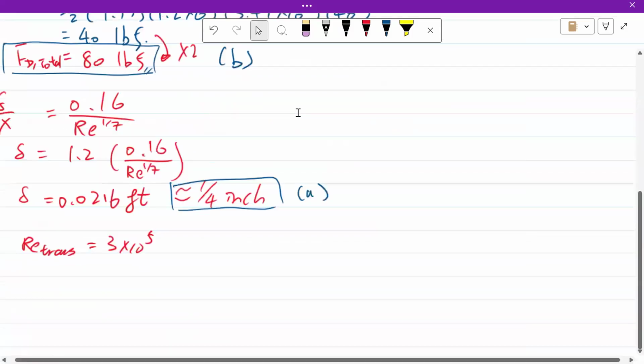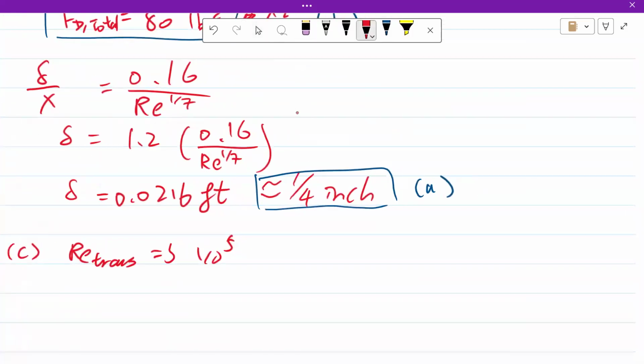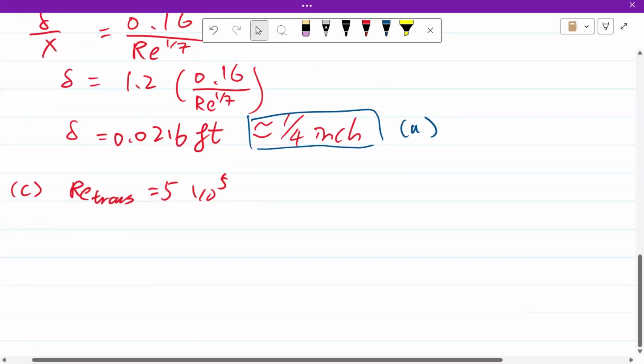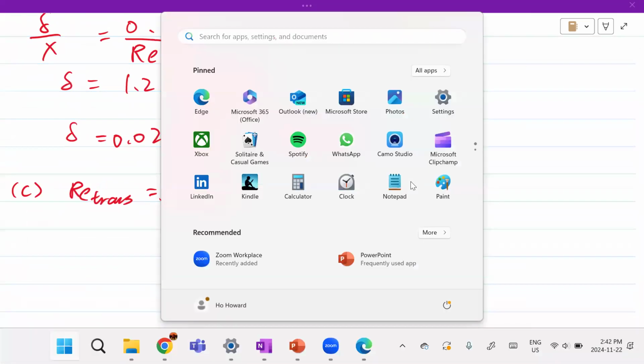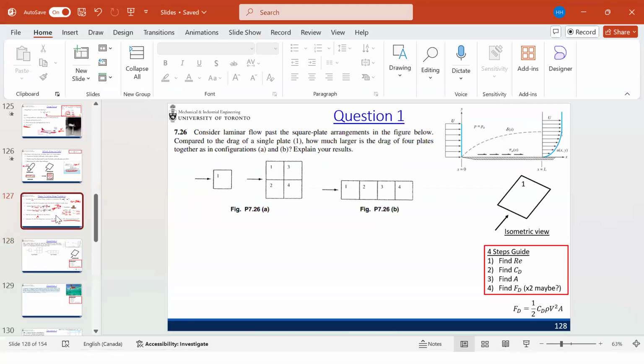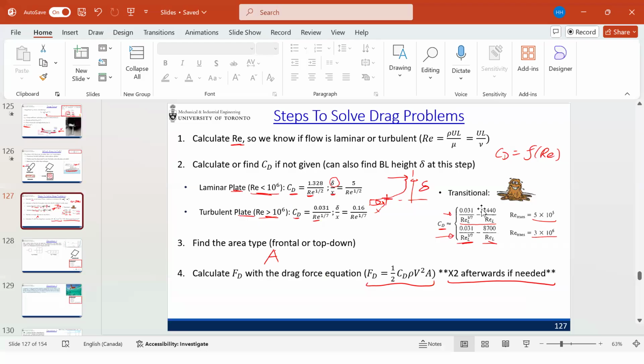Yep, sorry, 5 times 10 to the 5. So your CD equation becomes the other one that we have looked at. So we are going to use the first equation, CD equals 0.031 divided by REL to the power 1 over 7 minus 1440 divided by REL.